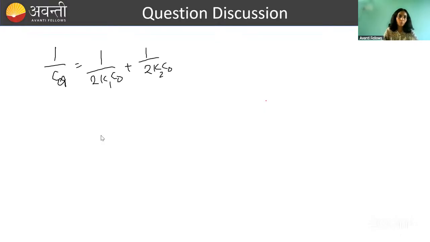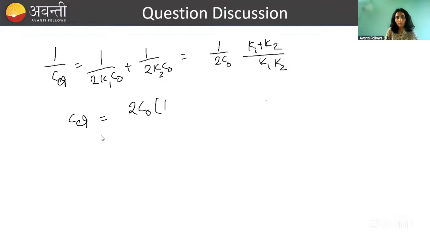If you go on to solve it, take 1 by 2 C naught common. So this is K1 plus K2 by K1 K2. So what is going to be the C equivalent? This is equal to 2 C naught K1 K2 divided by K1 plus K2.